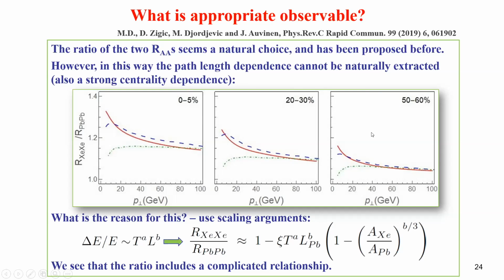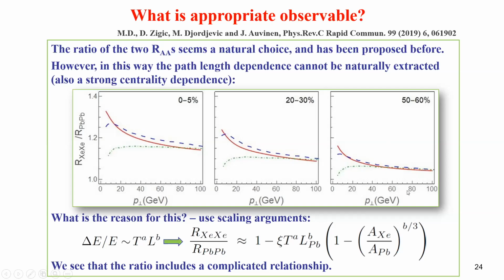By looking at these figures, we see that this ratio approaches 1 for high centralities and high momentum, which could lead to a conclusion that there is no path length dependence if this is 1, but on the other hand, we know that the energy loss has a strong path length dependence. Also, we see that this ratio strongly depends on the centrality. The larger the centrality, the lower this ratio.